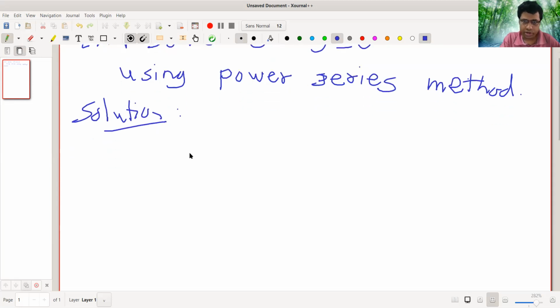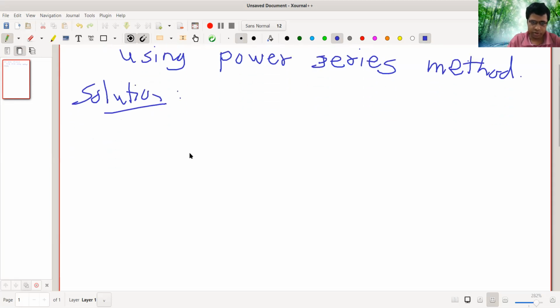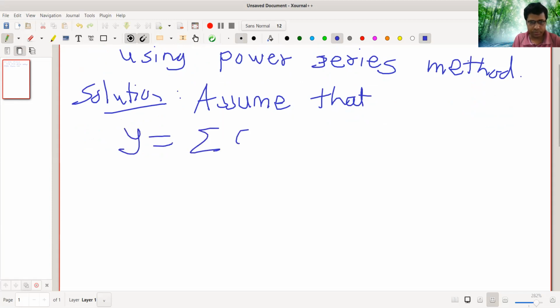So first we assume that our solution is of the form of a power series. y equal to summation an x raised to n, n equal to 0 to infinity.